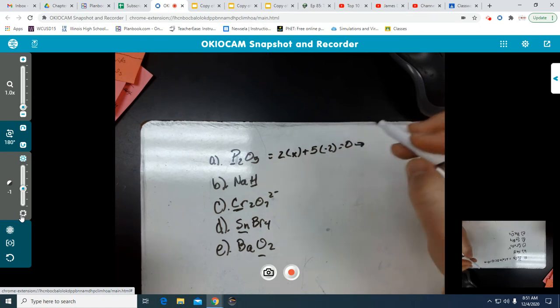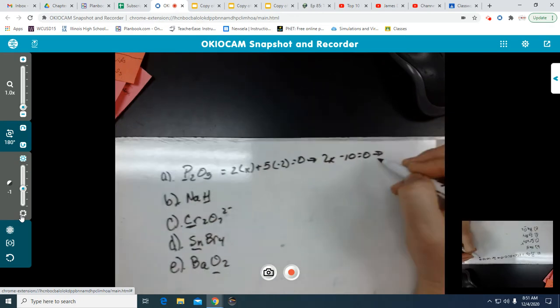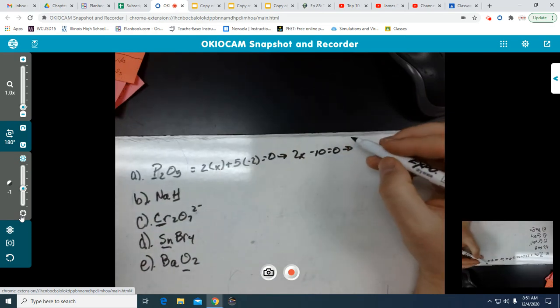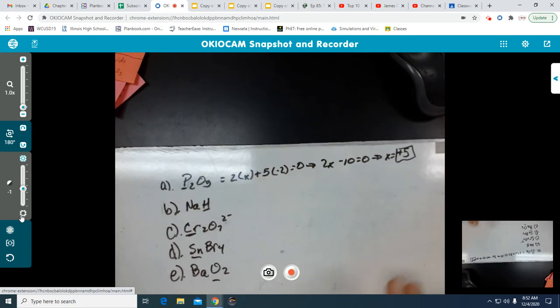So here we get 2x minus 10 is equal to 0, and we just solve for x. Once we solve for x, we get x is equal to +5. You must include the sign, whether it's negative or positive. So +5 is your answer for A.